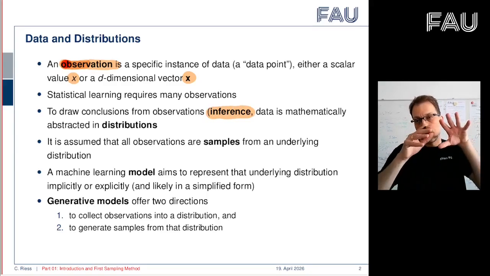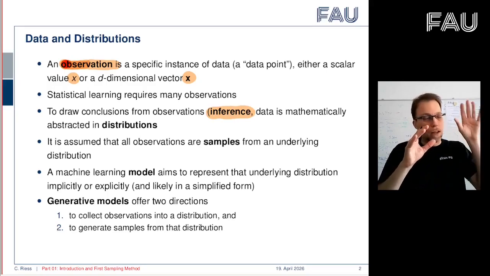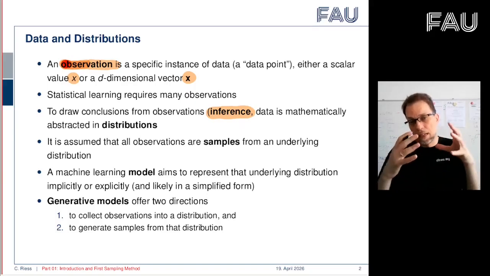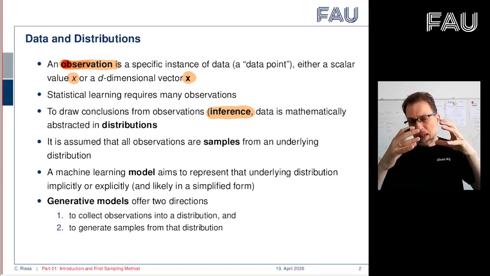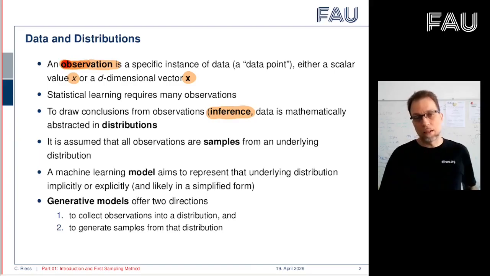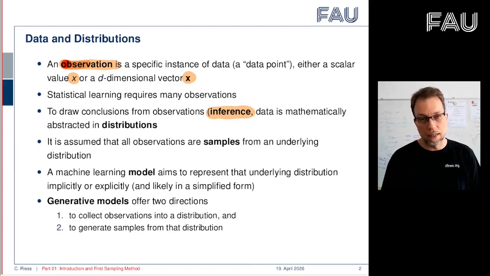So you say, I have 100, 200, 1000, whatever number of observations, and I somehow need to put them in groups or to somehow summarize them. The way to do this summarization in a mathematical way is to say, this is a distribution. And this is why distributions matter so much in pattern analysis.